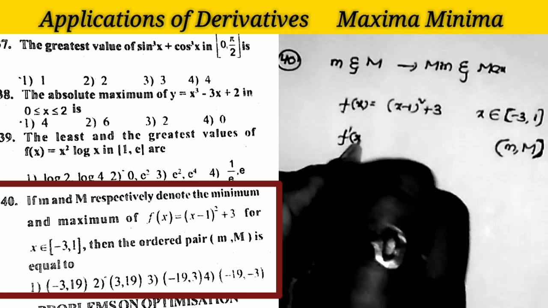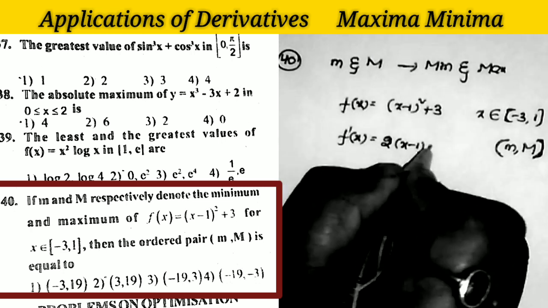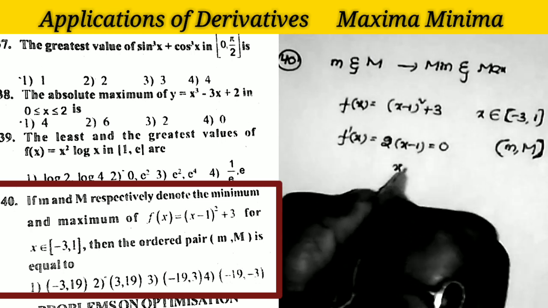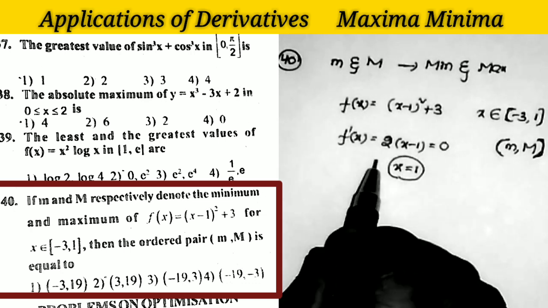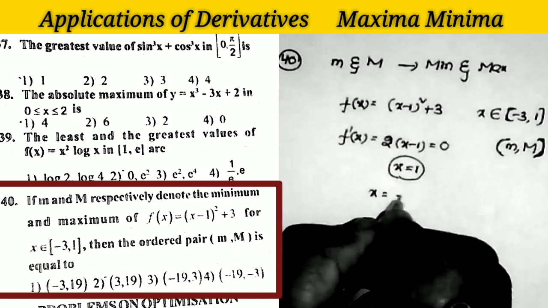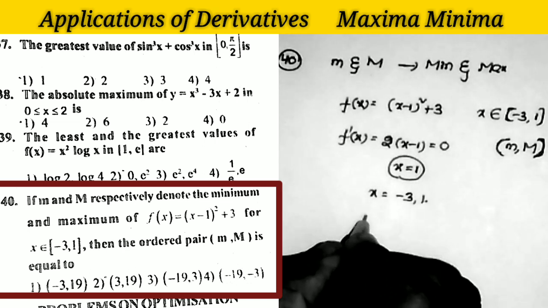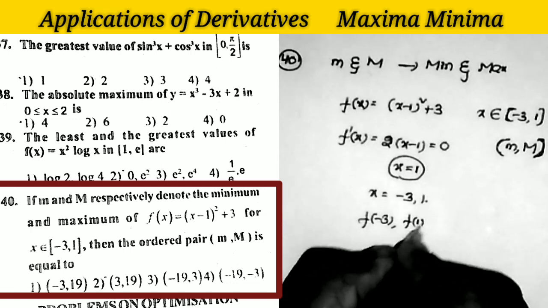Okay, so doing the derivative, f dash of x is equal to 2 into x minus 1 plus 0. Now equating this to 0, we get x is equal to 1. Now replacing x with minus 3 and 1 only in the given function, that is, f of minus 3 and f of 1. We want these two values.